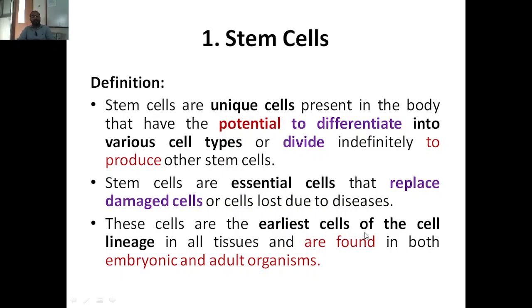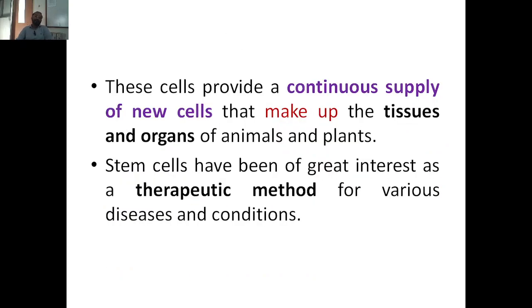These cells are the earliest cells of the cell lineage in all the tissues and are found in both embryonic and adult organisms. It means the first primary cells, what we can say.